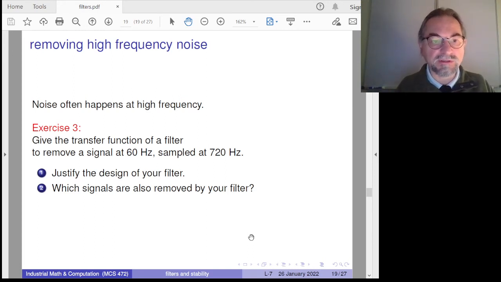The exercise is not just any signal, it's a sine function sampled at 60 Hertz, running at 60 Hertz. So it moves extremely quickly. It moves 60 times faster than the sine function that we have seen.